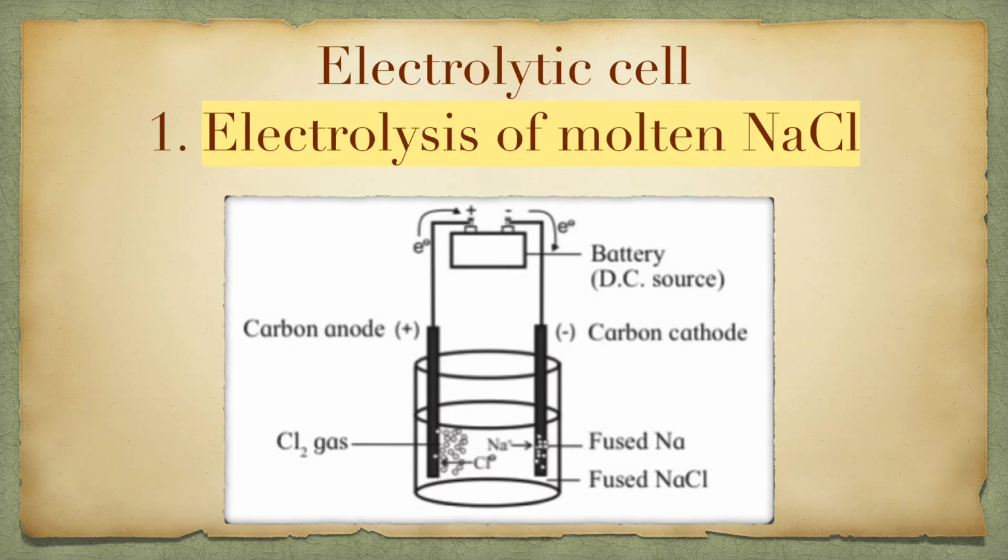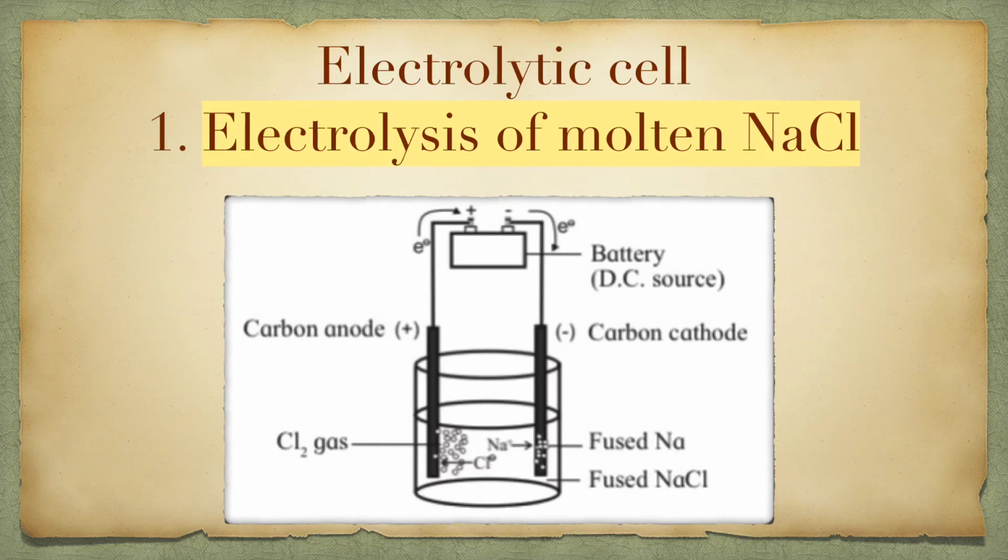Now we will see the electrolysis of molten NaCl. Similar to that, first we will take the electrolyte in the beaker. Which is the electrolyte over here? Fused NaCl is the electrolyte, that is the melted NaCl. In that, two graphite rods are dipped, which are connected to a battery through a metallic wire.